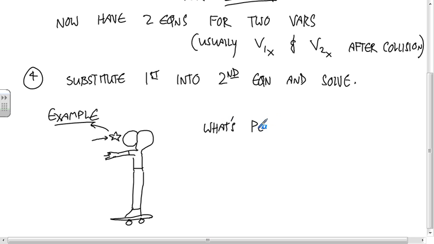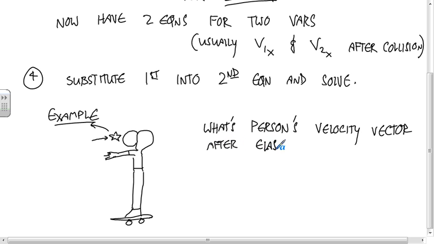So what's the person's velocity vector after an elastic collision? And again, the ball is coming in at 15 meters per second. So the only difference is he doesn't catch it this time. It bounces off of him elastically.